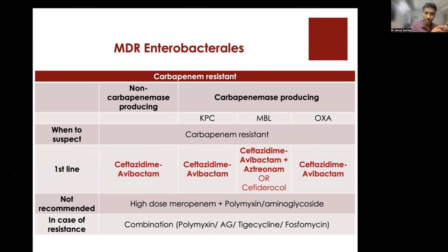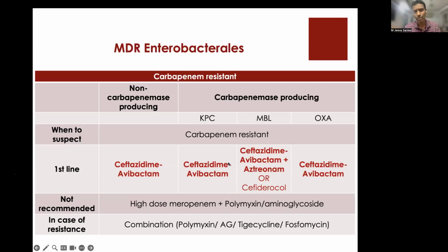We're not talking about resistance, we're talking about the mechanism of resistance. One is the gene. If you can identify the gene, so if it is a carbapenemase-producing bacteria, that means if it has either the KPC gene or MBL gene or OXA gene, in that case you have ceftazidime-avibactam or a combination of ceftazidime-avibactam plus aztreonam.